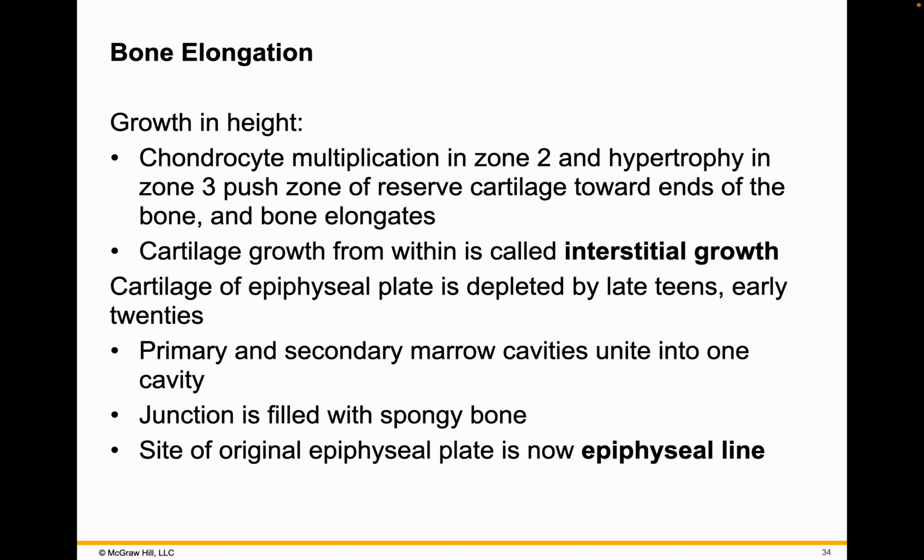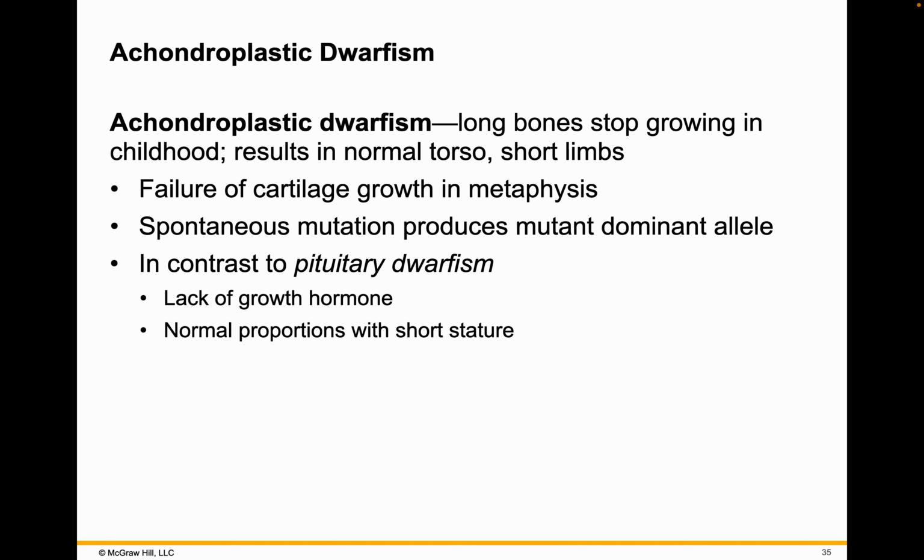The cartilage growth from within is called interstitial growth. Cartilage of the epiphyseal plate is depleted by late teens and early 20s, and our primary and secondary marrow cavities will unite into one cavity. The junction is filled with spongy bone. And once again, that epiphyseal plate has been replaced by an epiphyseal line.